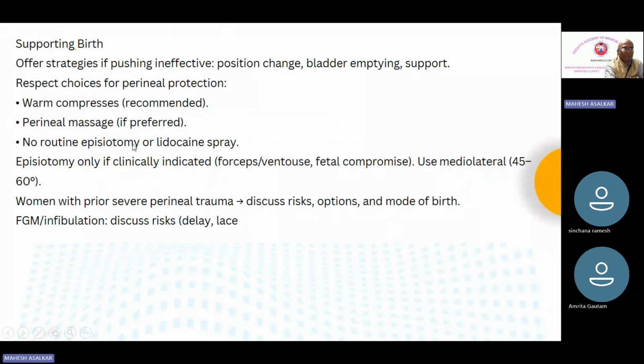Okay, no routine episiotomy or lignocaine spray. Episiotomy only if clinically indicated, such as forceps, ventouse, fetal compromise, and always use a mediolateral episiotomy at 45 to 60 degrees. Okay. Then for women with prior severe perineal trauma, discuss the risk, options, and mode of birth. And for FGM and infibulation, discuss risk and delay, etc.